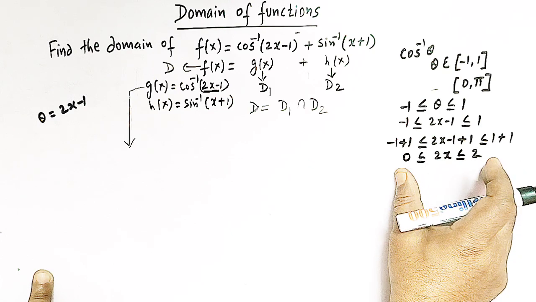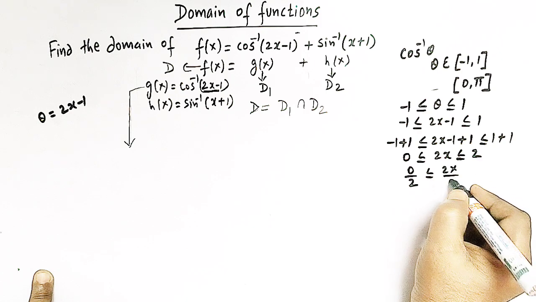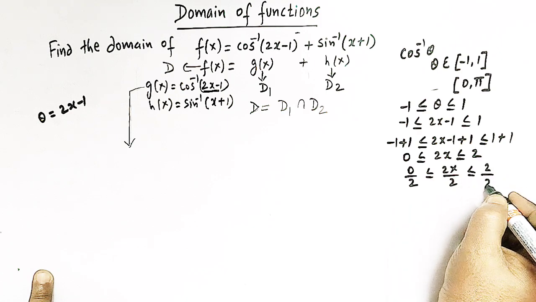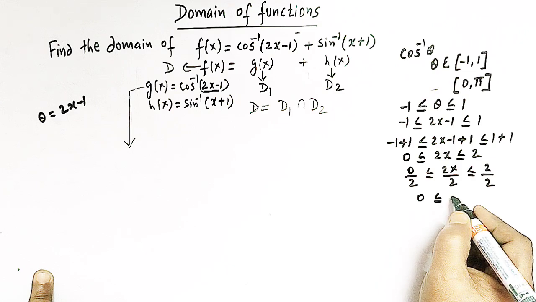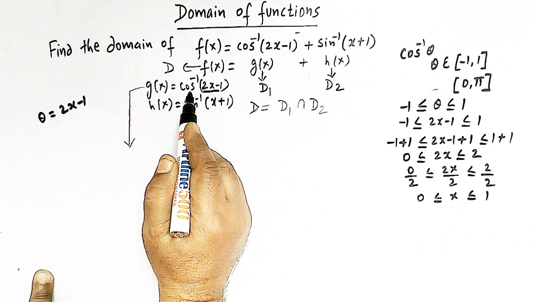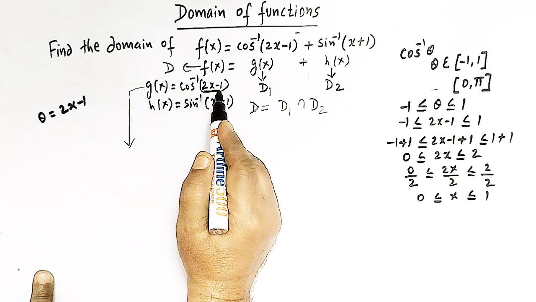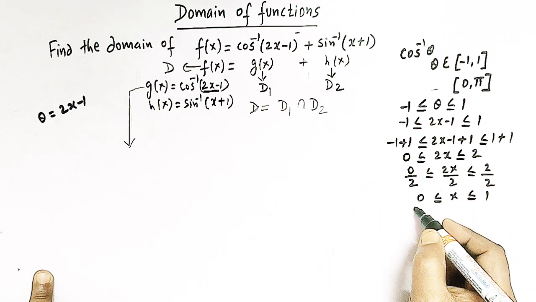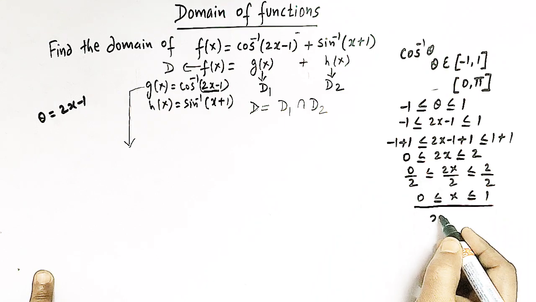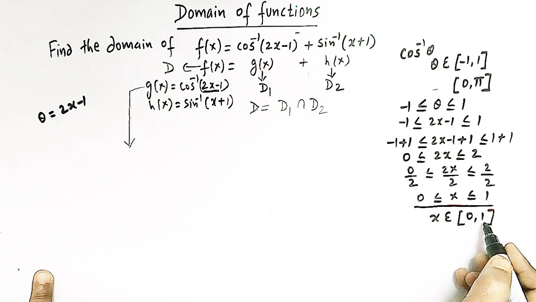Let us divide throughout by 2. So we have 0 over 2, 2x over 2, and 2 over 2. So this is 0, this is simply x, and here we have 1. So the domain of the function g of x, that is cos inverse of (2x minus 1), is given by the inequality that x belongs to the interval 0 to 1, and both the endpoints 0 and 1 are included.